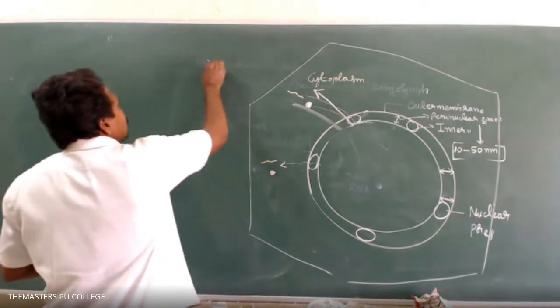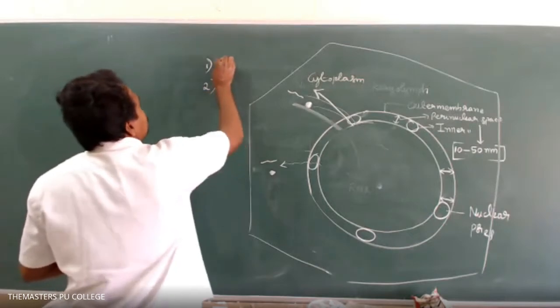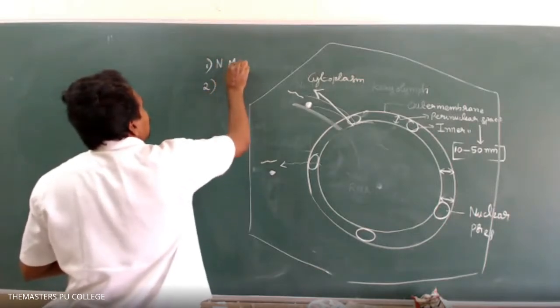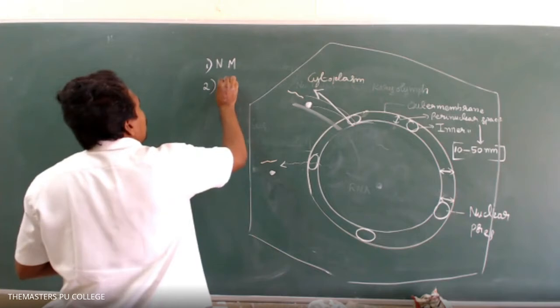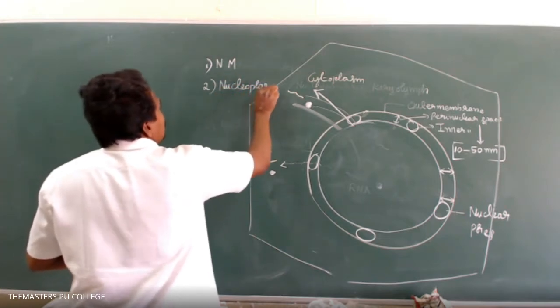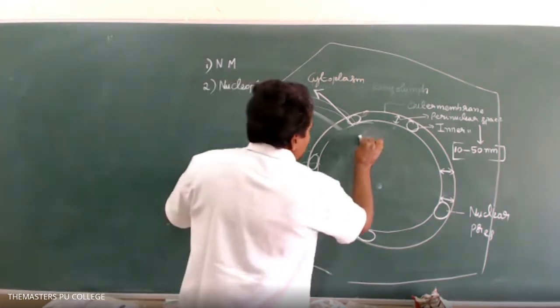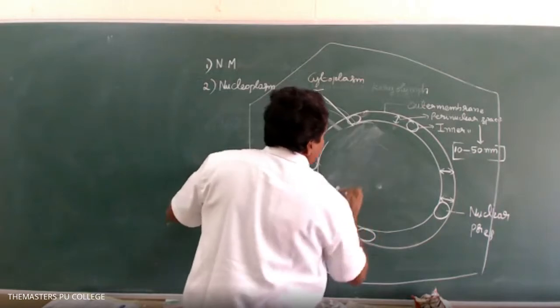Next, the second part of the nucleus is the nucleoplasm, or matrix of the nucleus.